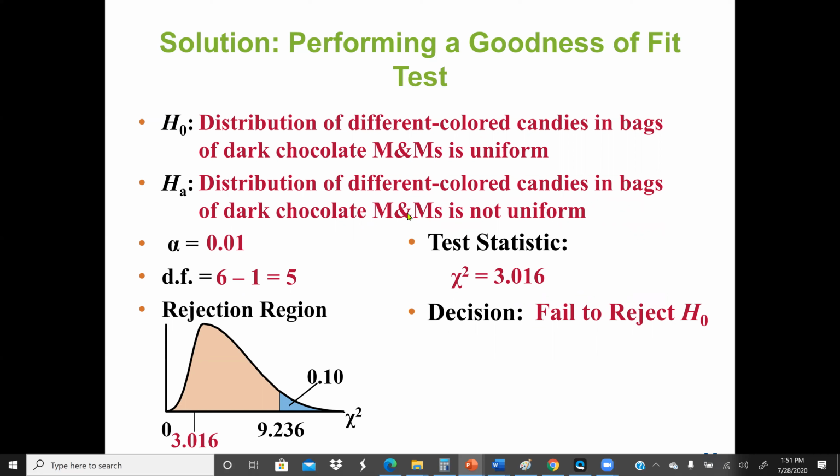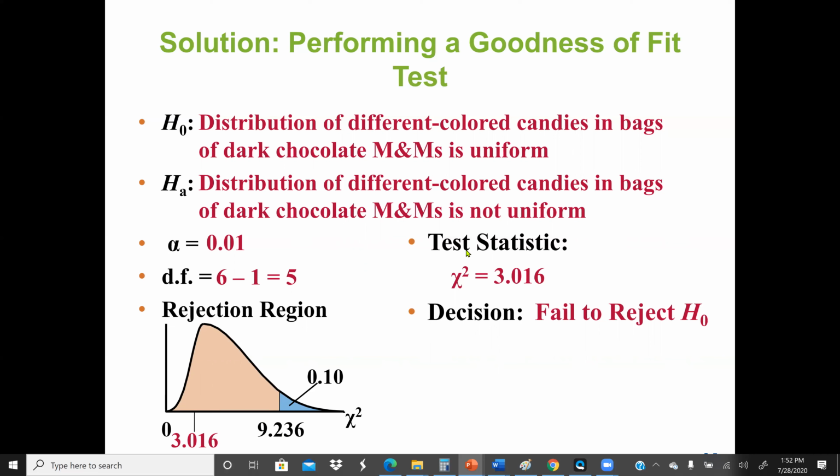Always HA will go against H0. So if H0 is uniform, then HA should be not uniform. We know the alpha value. We were able to find degree of freedom because the category is 6 minus 1. So when I know the alpha value and degree of freedom, I can find the chi-square value, test statistics, and chi-square normally is not a normal distribution.